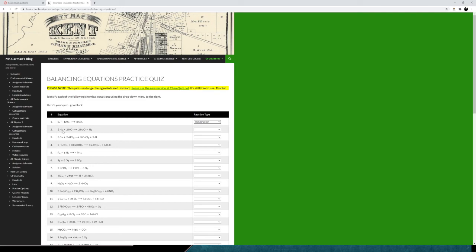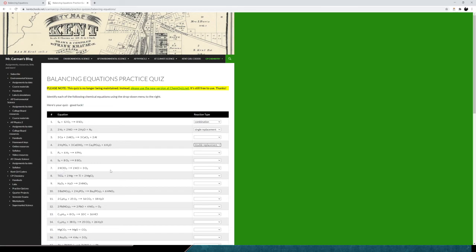Well, we'll want to identify, okay, we have an element and a compound turning into a compound and an element. That tells us single replacement. And if we just skip to number 4 here, we see, okay, we have a compound and a compound turning into 2 new compounds. That's double displacement.